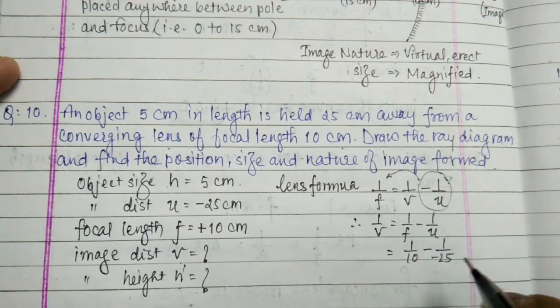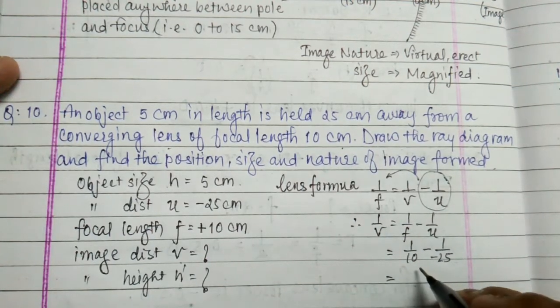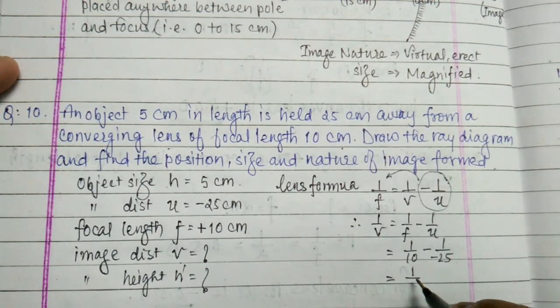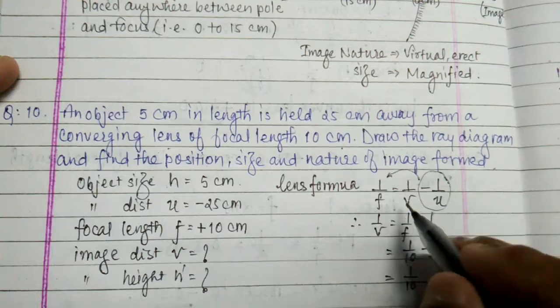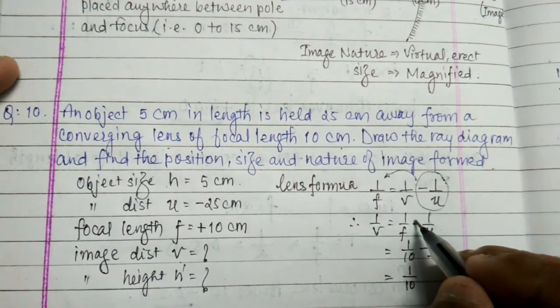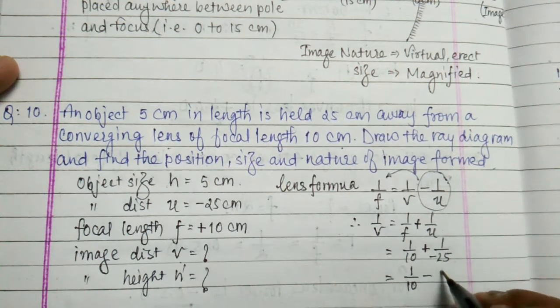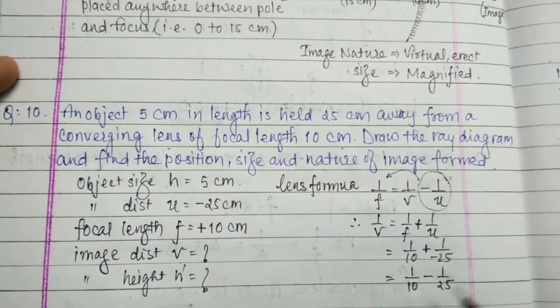This is minus and minus plus. So 1 upon 10 plus 1 upon 25, sorry, 1 upon 10 minus 1 upon 25.